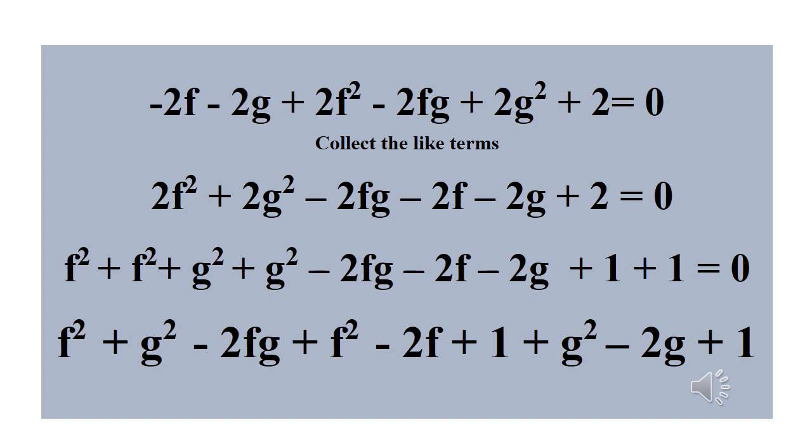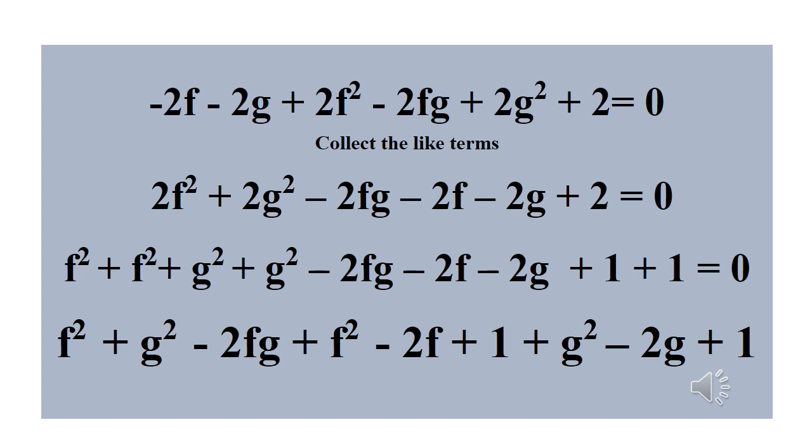That is, after simplifying 2f squared plus 2g squared minus 2fg minus 2f minus 2g plus 2 equals 0, we have f squared plus g squared plus g squared minus 2fg minus 2f minus 2g plus 1 equals 0.